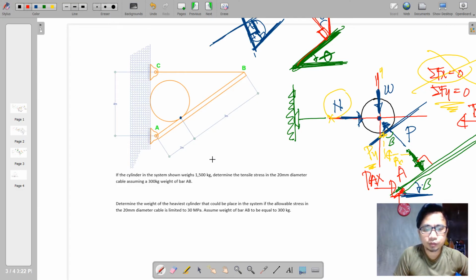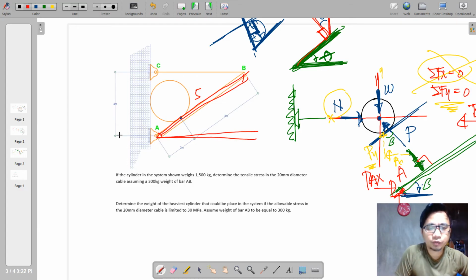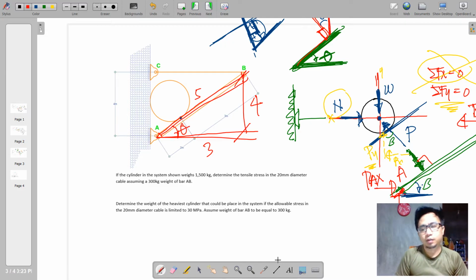The dimension is already given, and how much is this? 5 actually. This is 5. And of course, this is 4. We are actually dealing with the 3, 4, 5 triangle considering any angle.